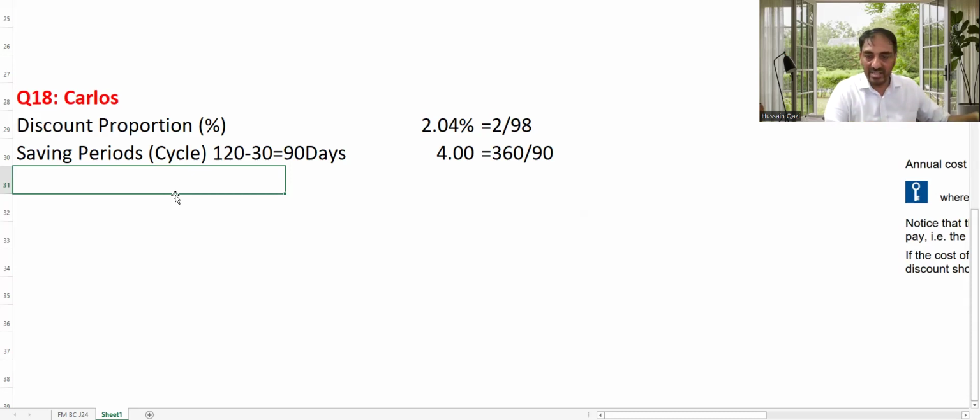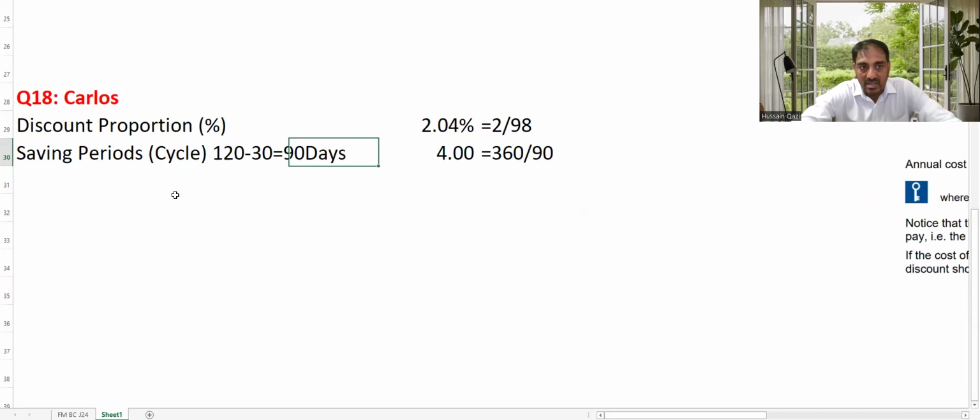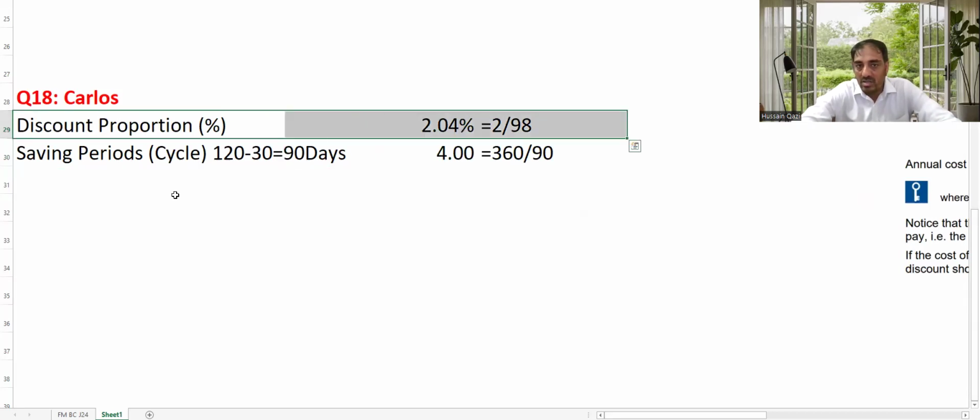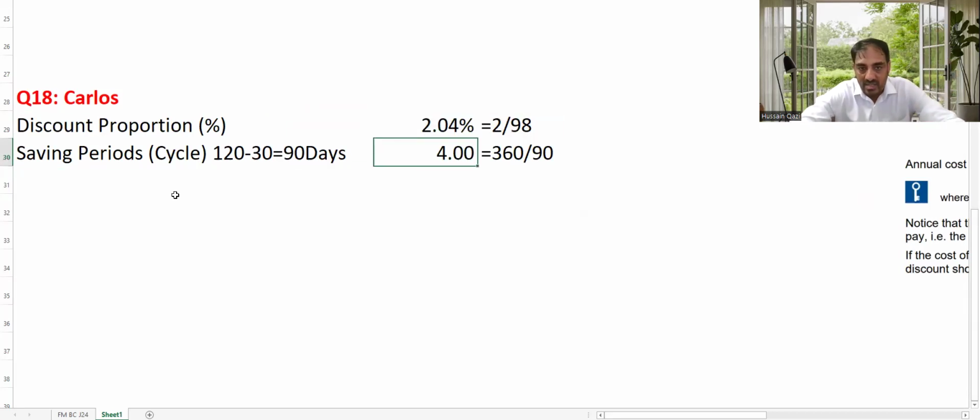Normally you offer 120 days, but you are offering to make a payment within 30 days. So you are asking for 90 days earlier. So 90 days earlier means on a yearly basis, the cycle will happen 4 times. That is 4 times. So the discount proportion of 2.04%, and this will apply 4 times.